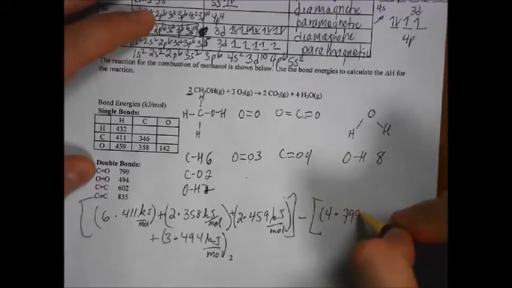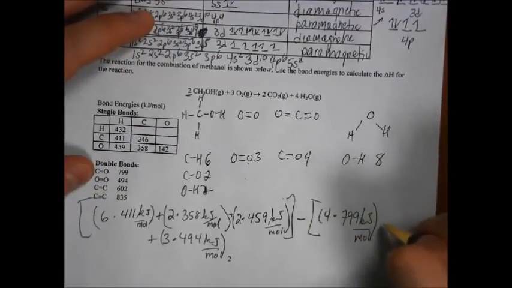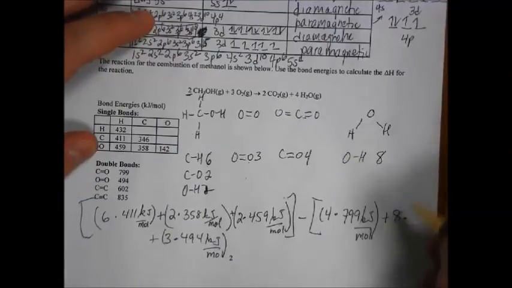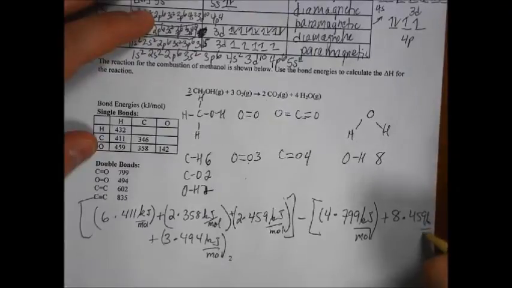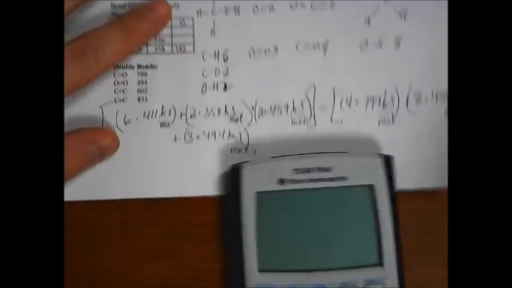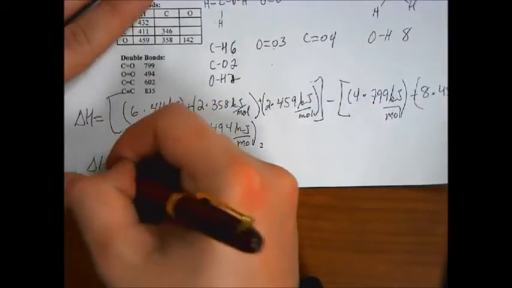Those are going to be 799 kilojoules per mole. And then we're going to add to that 8 times our OH bond, which is 459 kilojoules per mole. Okay. So this is going to equal the delta H for the reaction.